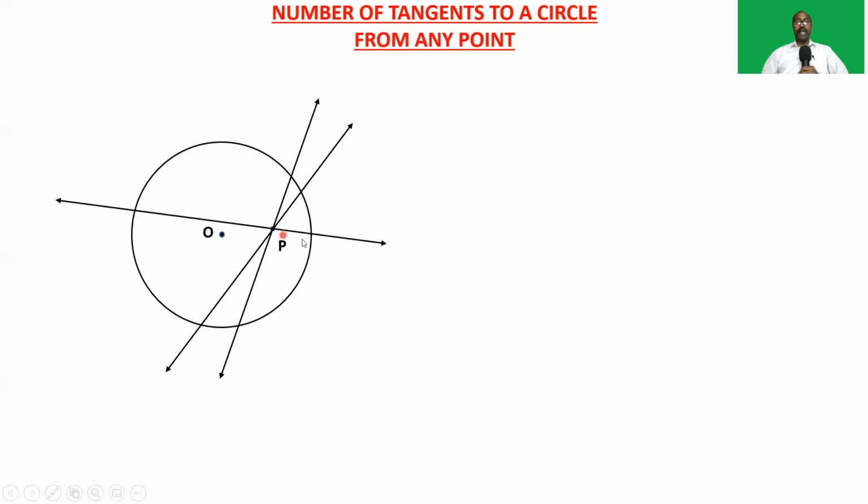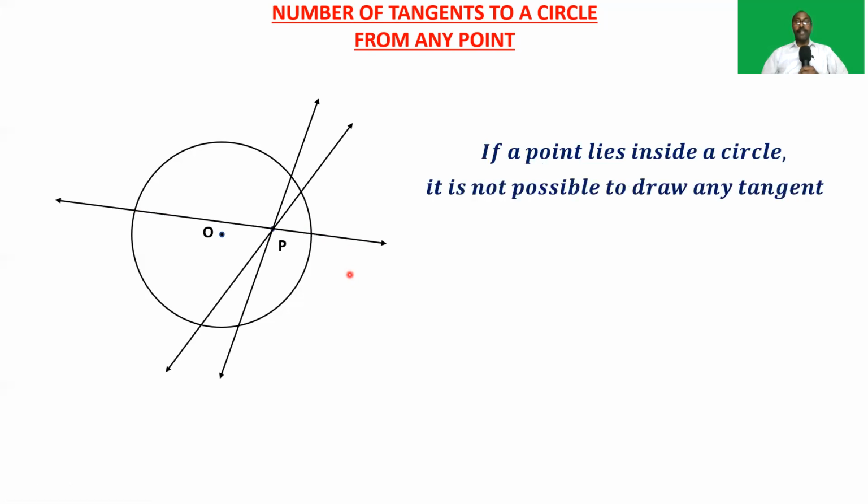They are the secants to the circle. So we cannot draw any tangent to the circle through the point inside it. If a point lies inside a circle, it is not possible to draw any tangent to the circle through the given point.